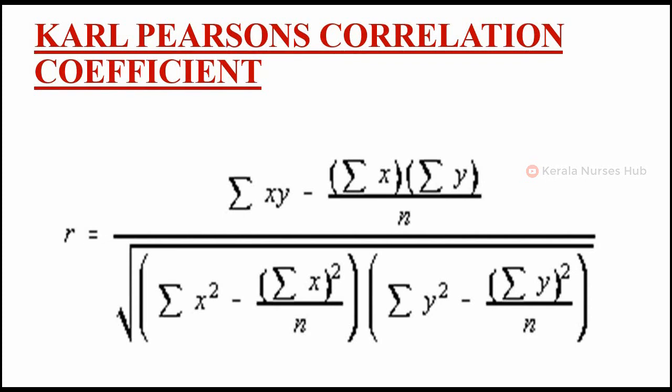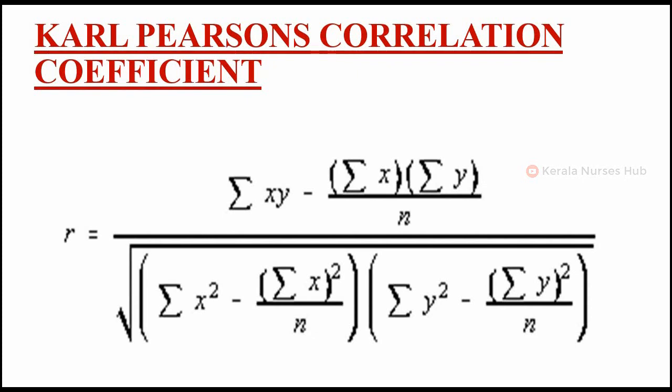This is Karl Pearson's correlation coefficient equation: r is equal to sigma xy minus sigma x into sigma y by n, divided by the square root of sigma x square minus sigma x the whole square by n, into sigma y square minus sigma y the whole square divided by n.